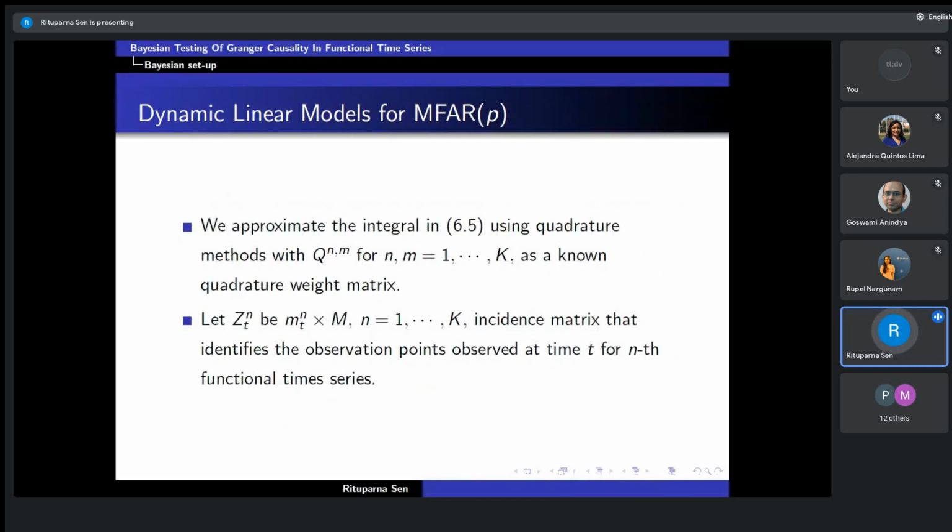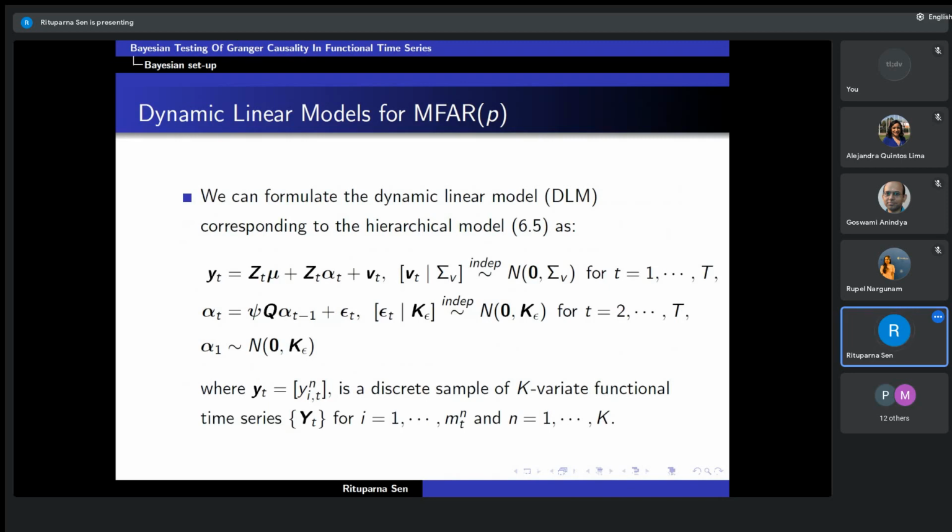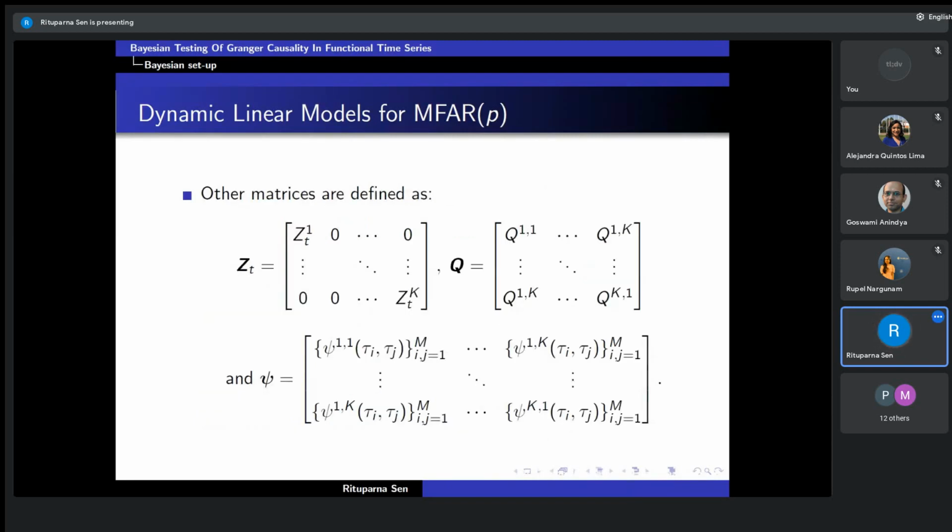with the known quadrature weight matrix, and let Z be the incidence matrix, because we will have everything in a matrix setup. So here Z is the incidence matrix, which means that if we are looking at the t-th observation, then those entries will be ones and the others will be 0.